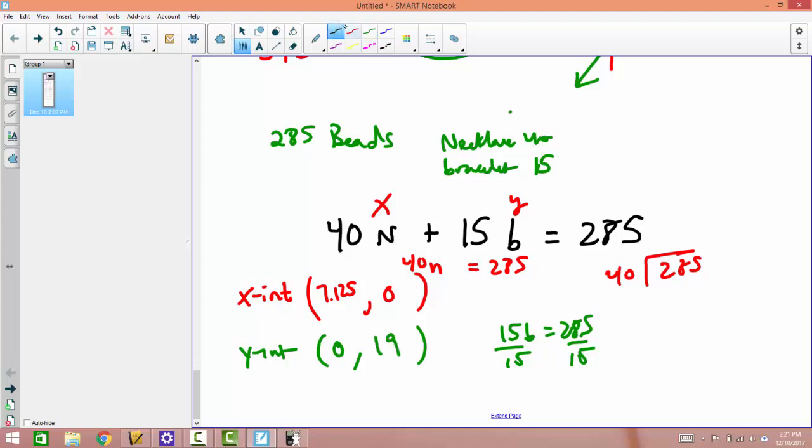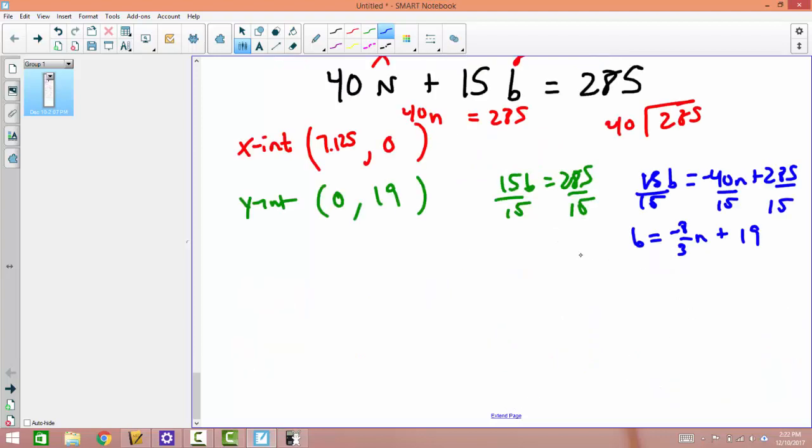Another way to plot it is to solve for y. So you could subtract 40n, so 15b equals negative 40n plus 285. And then if you divide everything by 15, you would get b equals negative 8/3 n, because you could take a 3 out of both of those, plus 285 over 15 is 19.